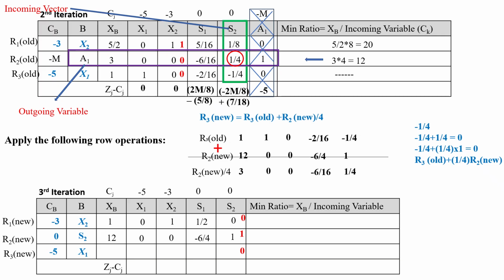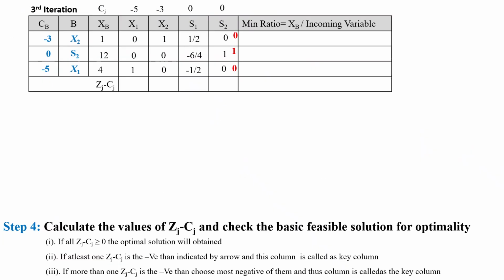So next, the operation R3 old plus R2 new divided by 4 gives 1 plus 3 equal to 4, and 1 plus 0 is 1, 0 plus 0 is 0, minus 2 by 16 minus 6 by 16 is equal to minus 1 by 2, minus 1 by 4 plus 1 by 4 is equal to 0. So this is the third iteration table.